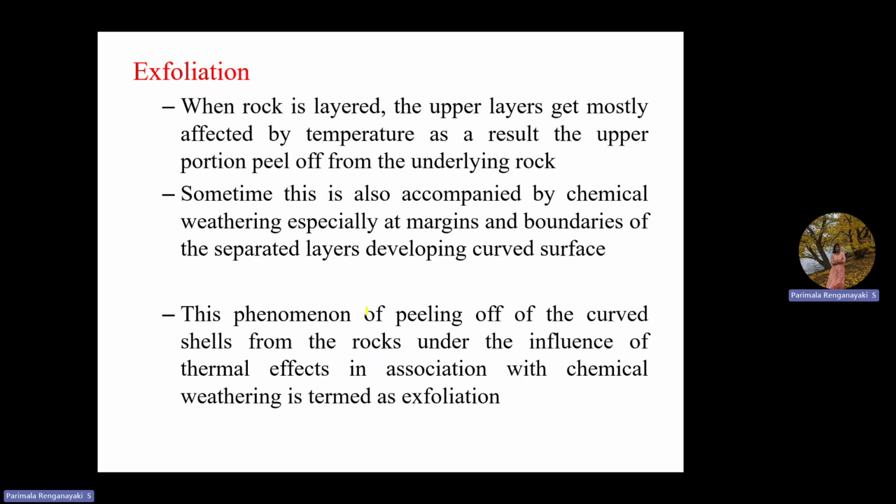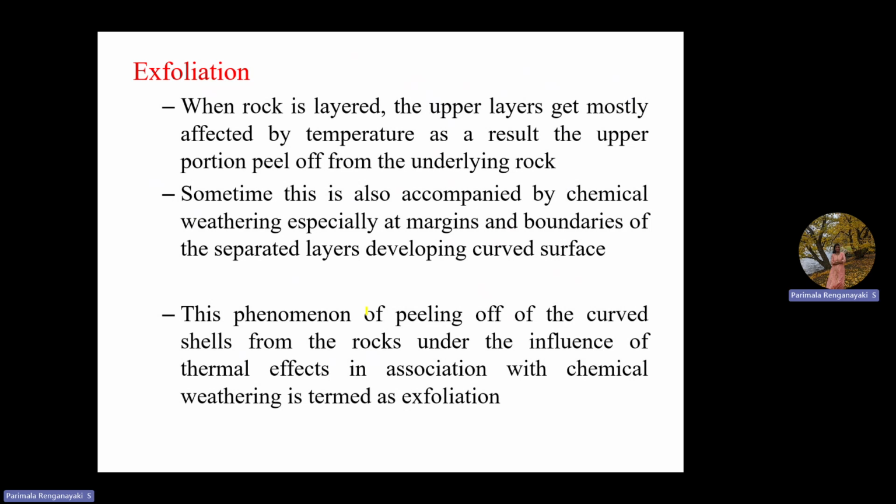When rock is layered, the upper layer is mostly affected by temperature. As a result, the upper portion peels off from the underlying rock. Sometimes this is also accompanied by chemical weathering, especially at margins and boundaries of separated layers, developing a curved surface.